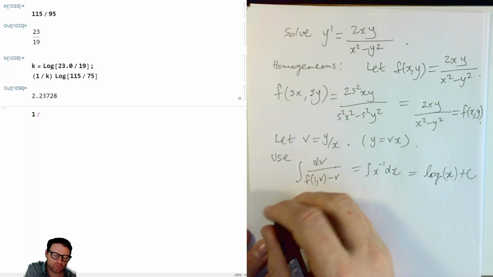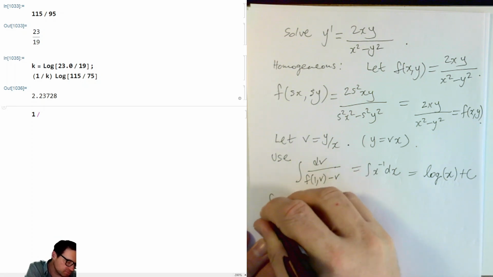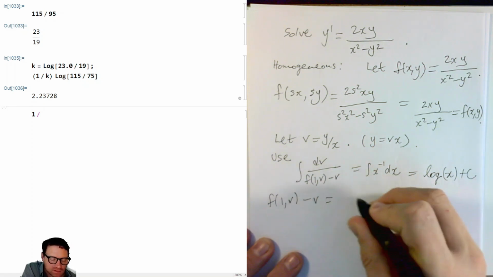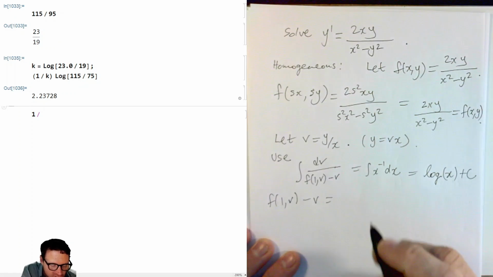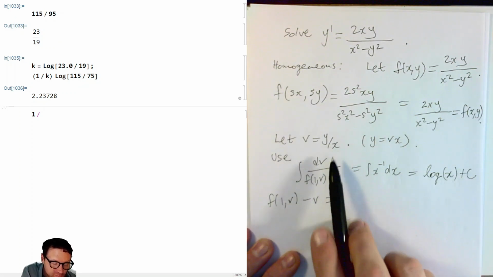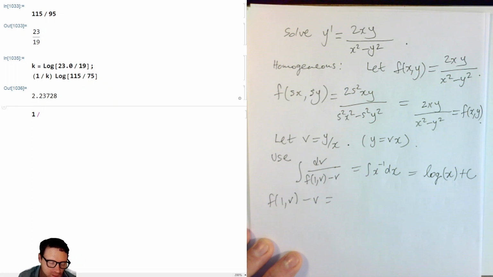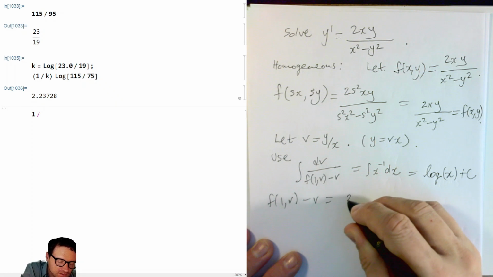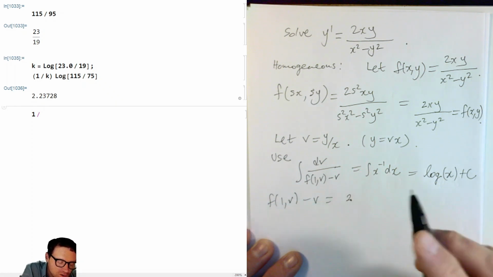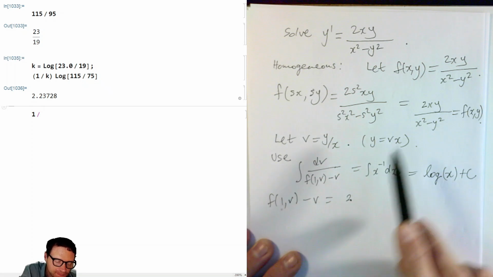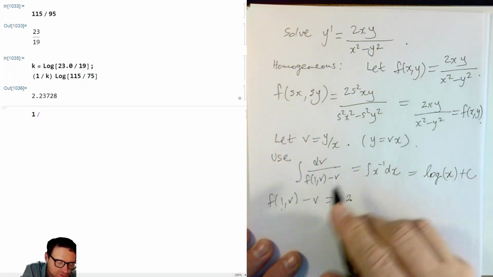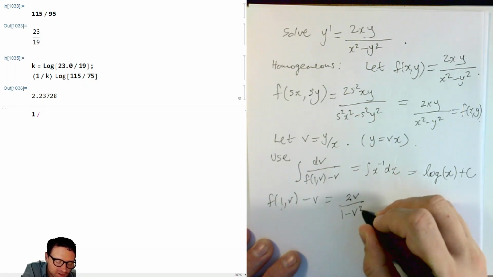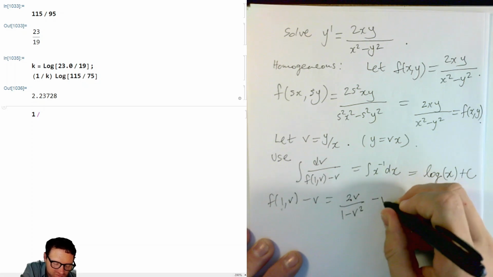So first let's evaluate what f of 1v is, or f1v minus v. So looking at this, if we replace x with 1 in here, and y with v, we've got 2v over 1 minus v squared for f of 1v, and then we have minus v.